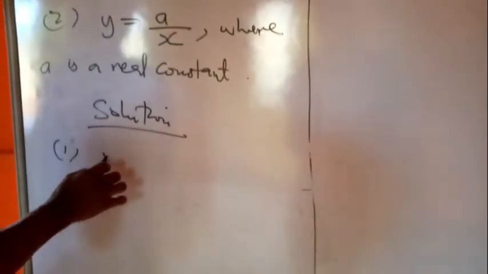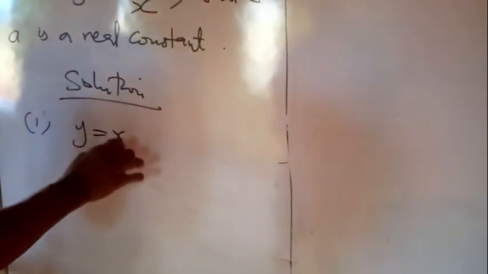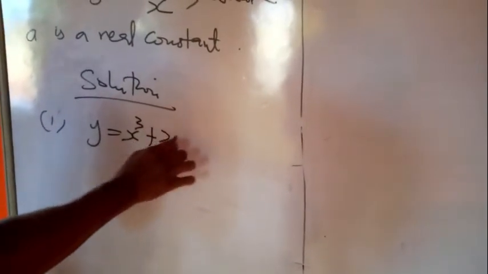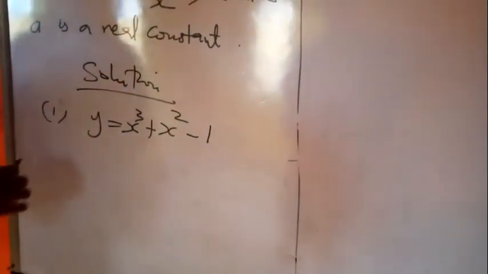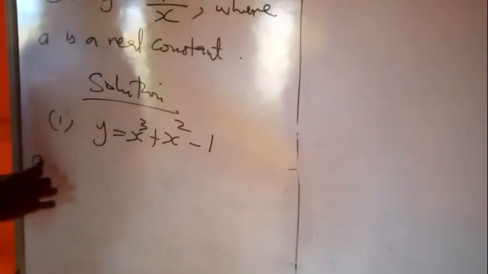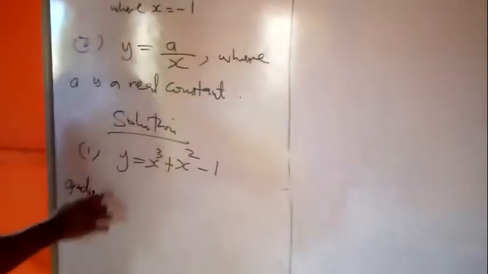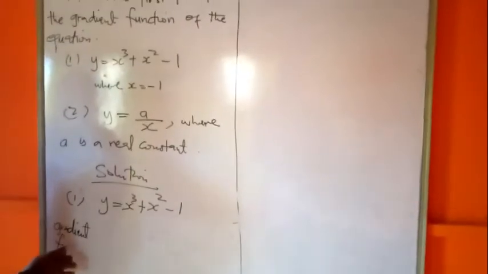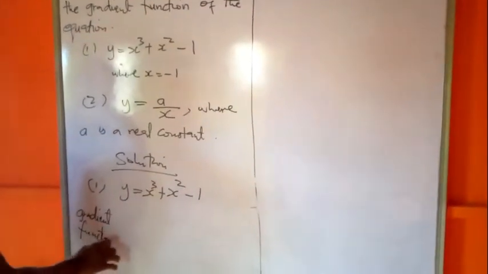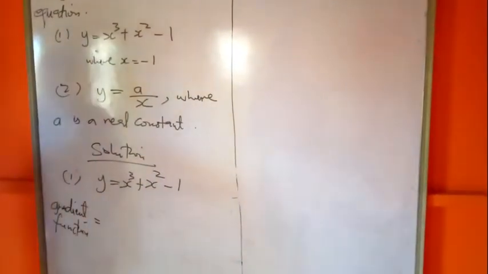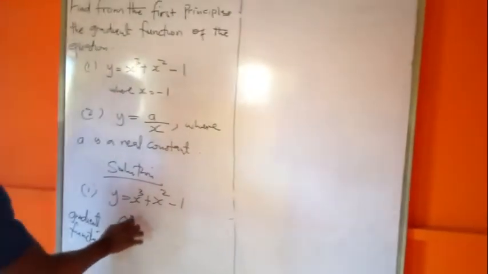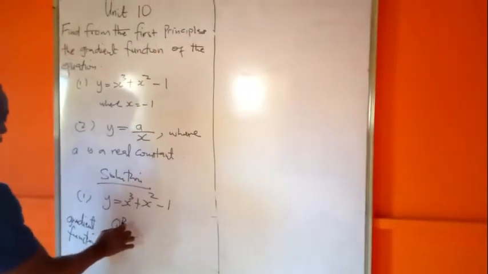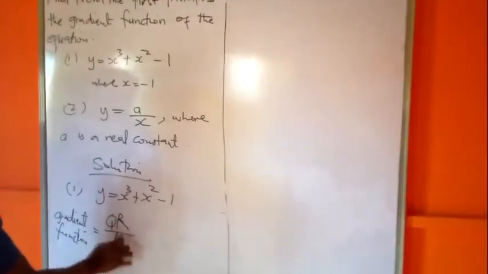1. y is equal to x raised to power 3 plus x raised to power 2 minus 1. Gradient function is equal to Q arrow all over PR.